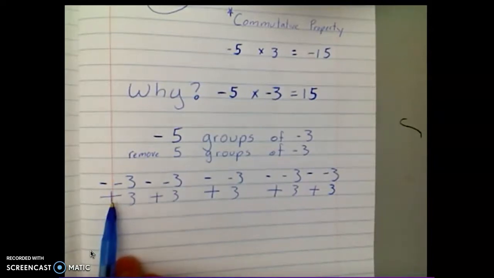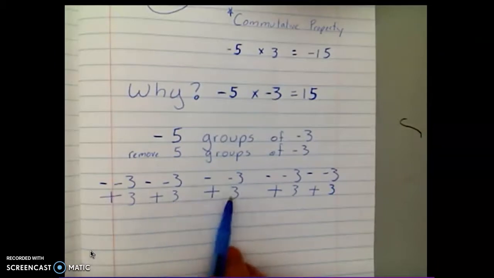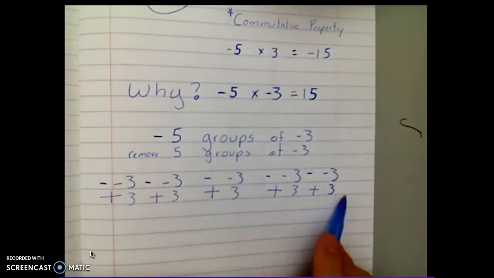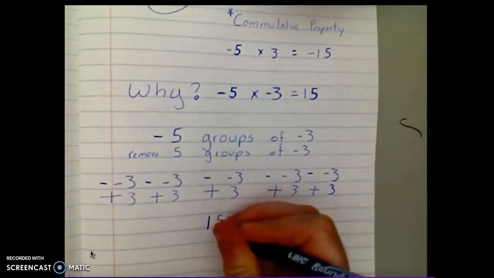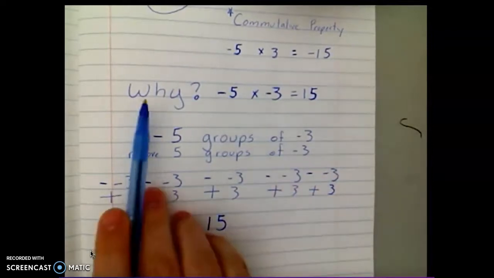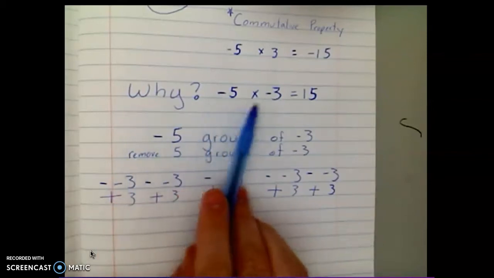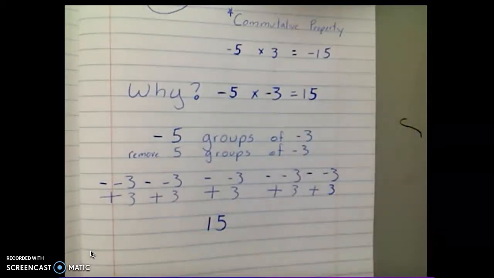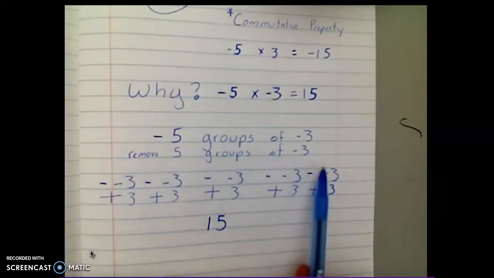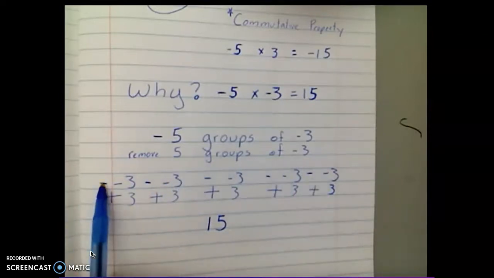So of course, if I add 3 + 3 + 3 + 3 + 3, I'm going to get a positive 15. So why does a negative times a negative equal a positive? Because when you break it down into removing all groups of the negative, removing a negative would become a positive.